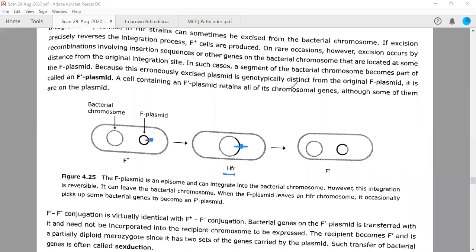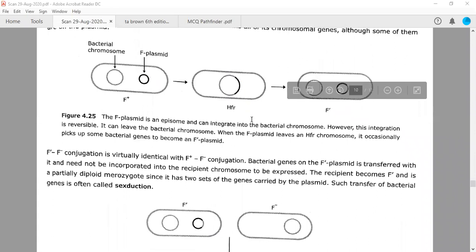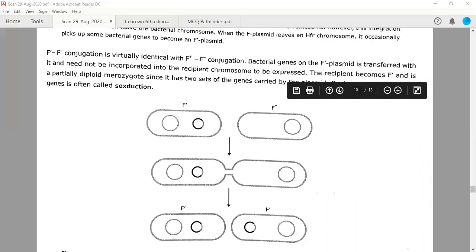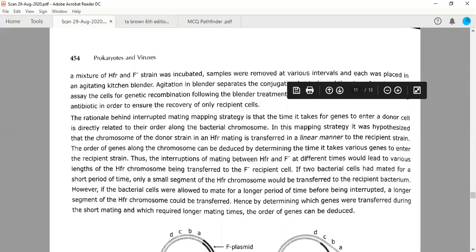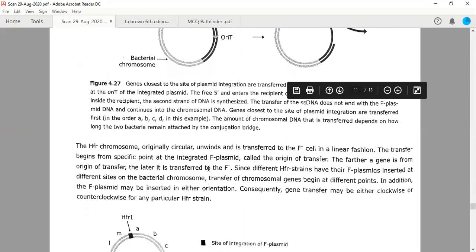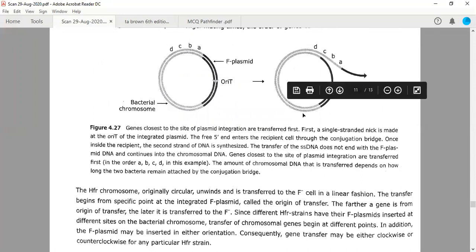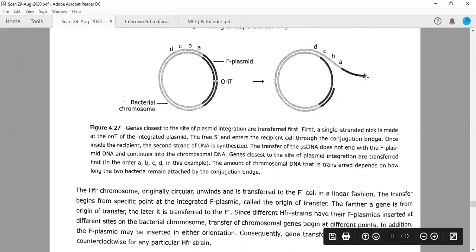Okay. See, so actually this is not the case. As it is shown here, suppose this arrow is actually the direction. It is moving from 5' to 3' direction, and it is bound transiently to the relaxase enzyme, right?